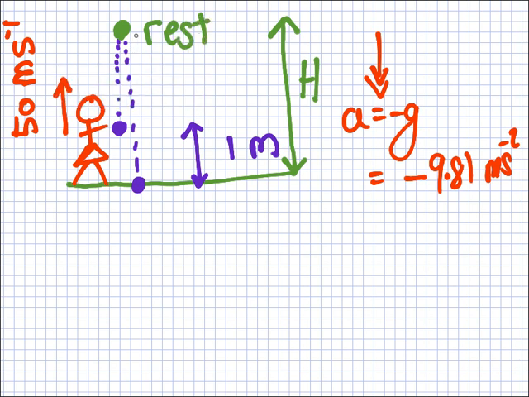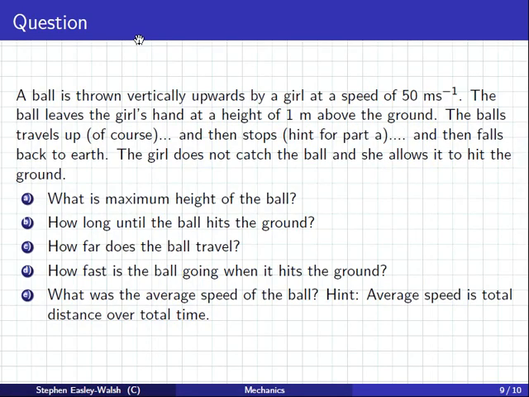If you picture it, it goes up, slows down, stops, then falls back down. Believe me, it stops. You can trust me. Now, here's the information. You can try it.